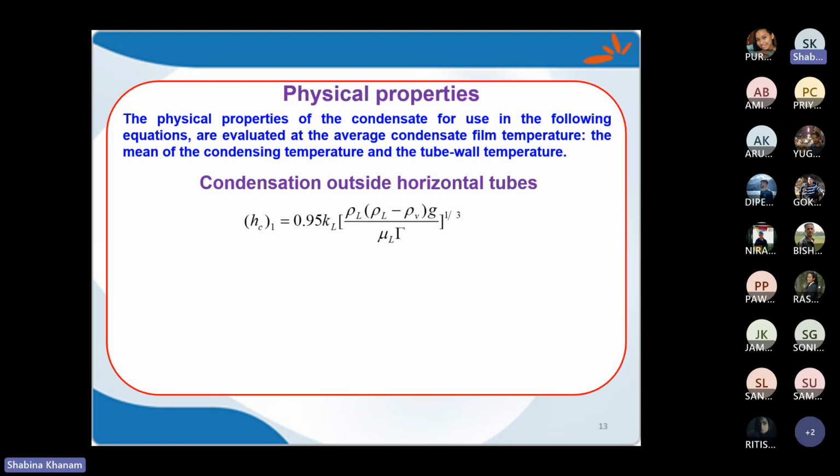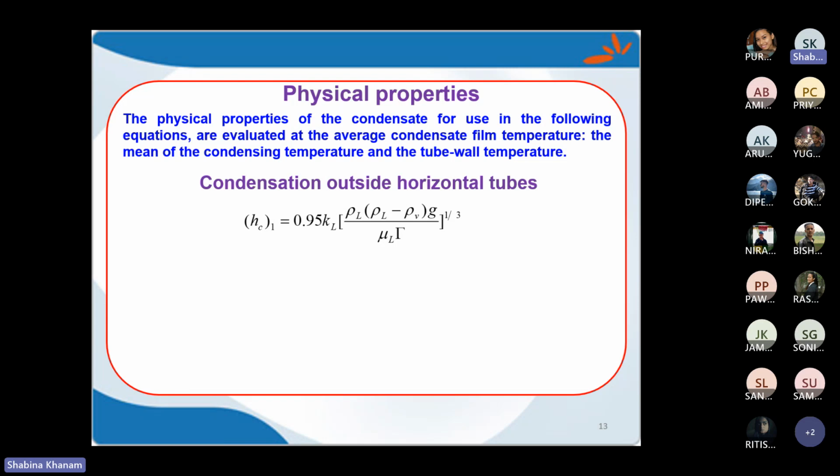If you see here, I am having a particular expression, which is the empirical correlation for heat transfer coefficient in condensation. This is the expression HC1 equal to 0.95 KL, and the other properties, and it will have the power 1 by 3.